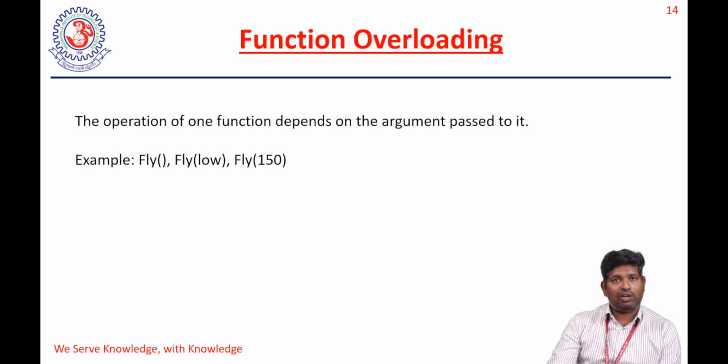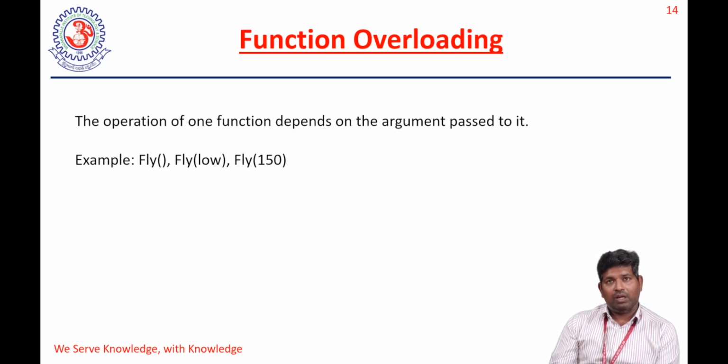For the second you are passing a string, and for the third function you are passing an integer. So the name of the function is the same, but the compiler will choose a particular function based on the number of arguments you are passing and the type of the arguments.